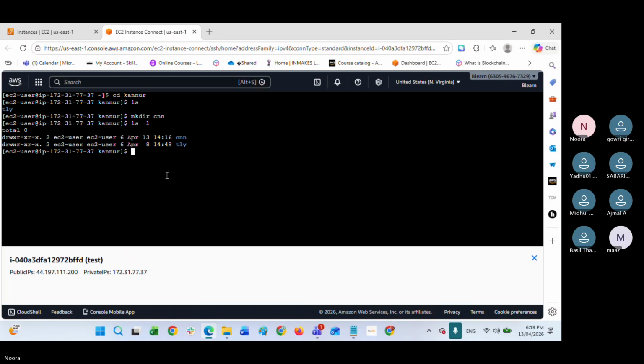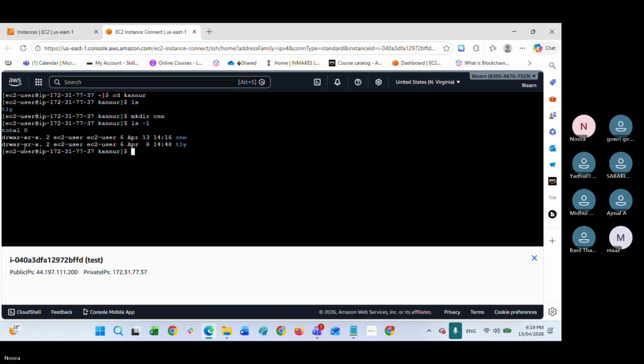So first 3-bit belongs to user. Okay, and the second 3-bit belongs to group. So if the second 3-bit belongs to group, then what is the permission of group? What does R mean? R stands for read. X stands for execute.